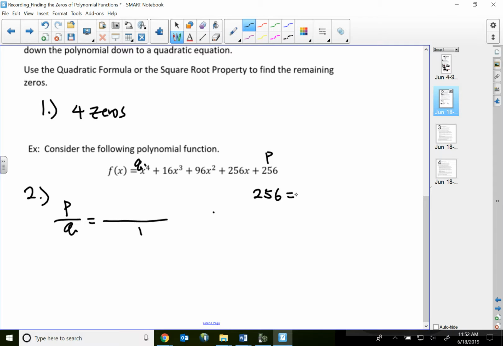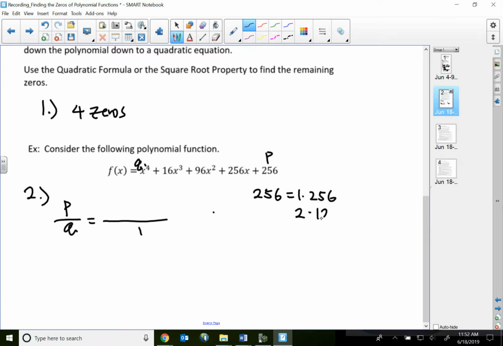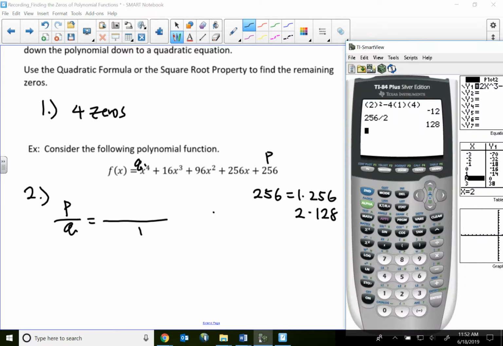256. All right, 1 times 256. 2: 256 divided by 2 is 128. 3, I don't think so.